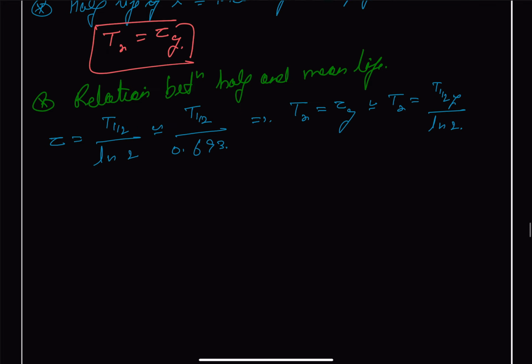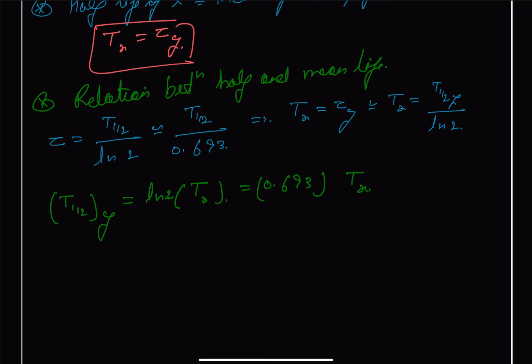From here we can write that the half-life of y is equal to natural log of 2 multiplied by half-life of x. Natural log of 2 can be written as 0.693 times Tx.